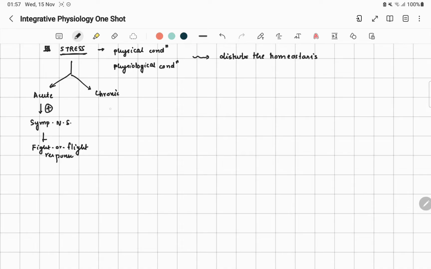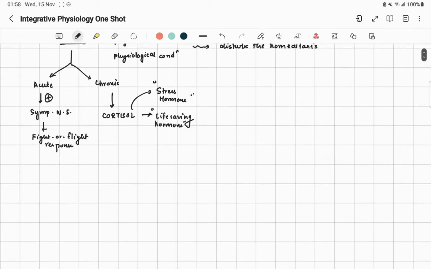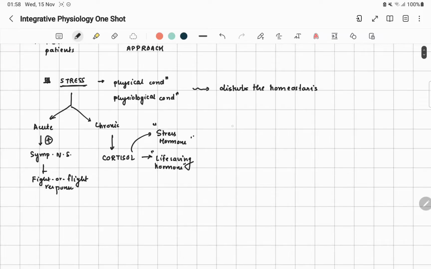In chronic stress, a hormone called cortisol plays a role. Cortisol is also called the stress hormone, and it is also called a life-saving hormone. Understood.